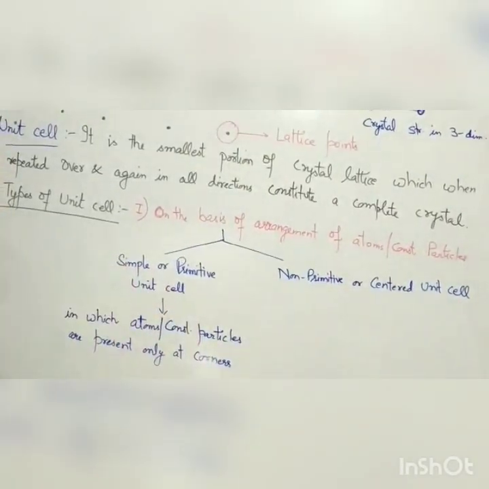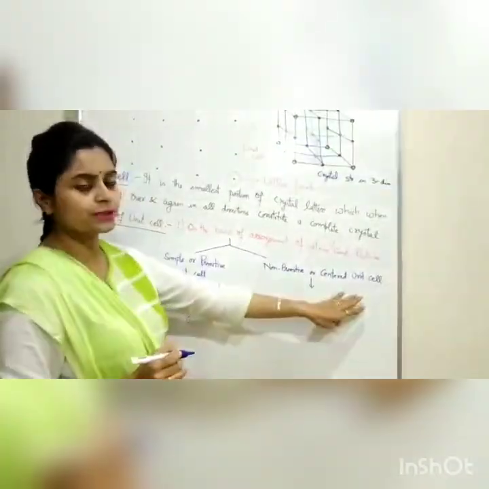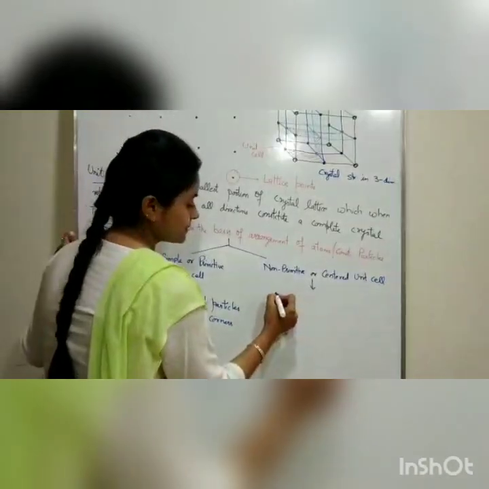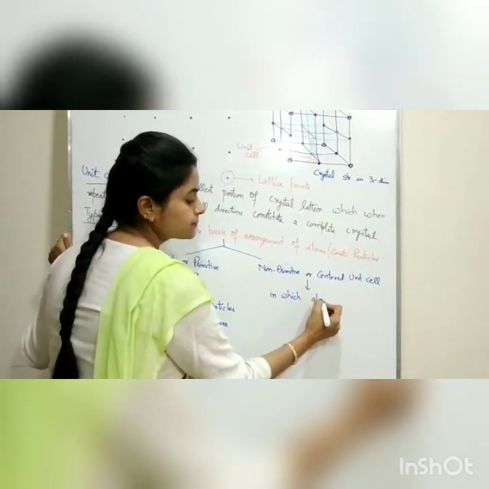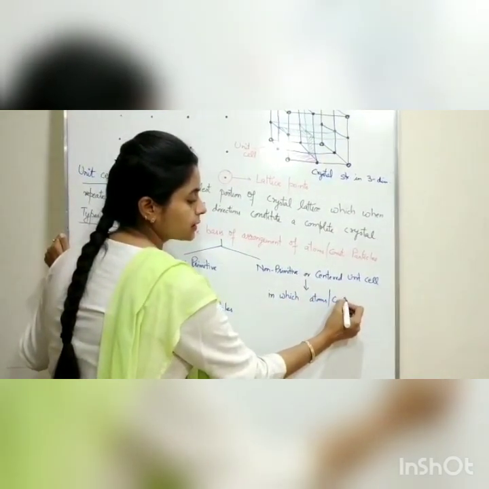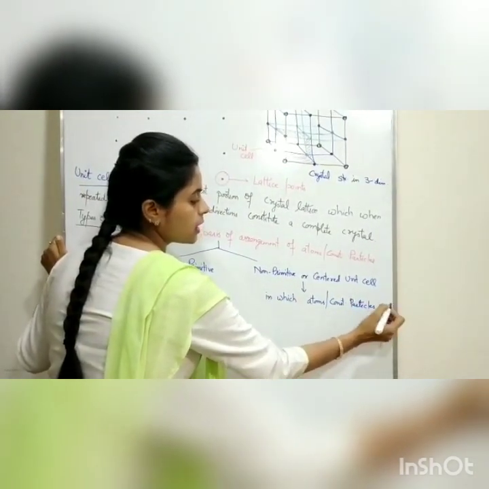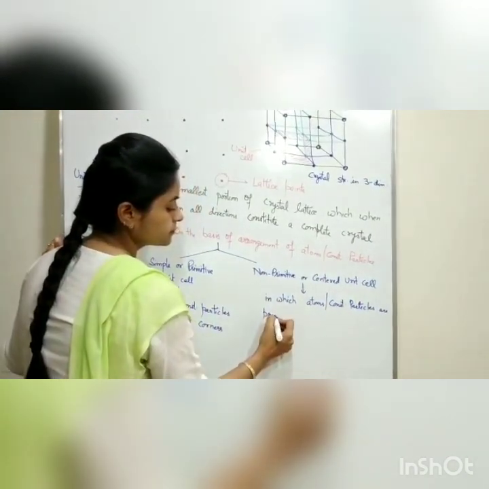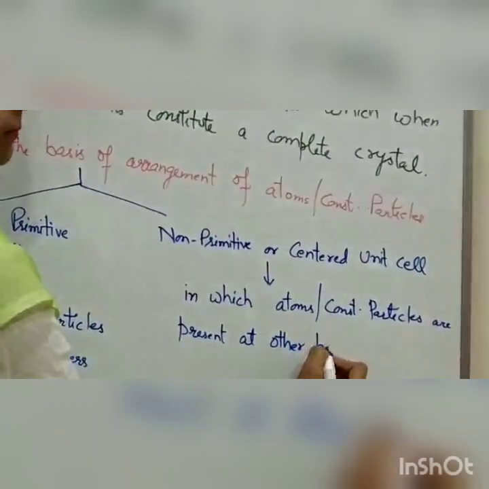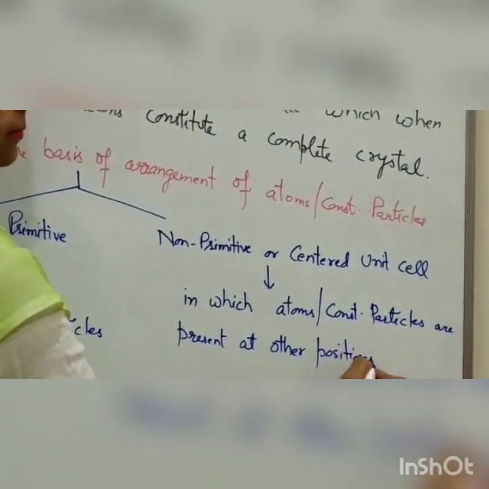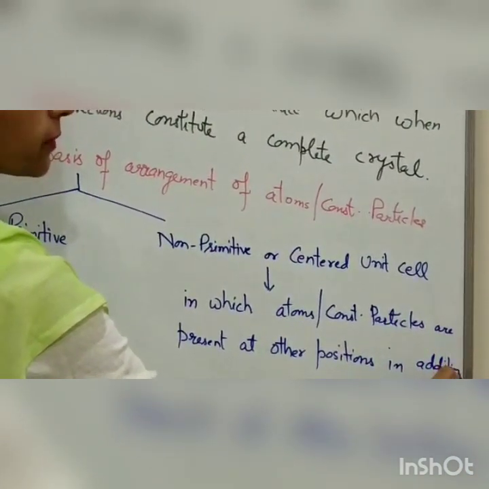Whereas non-primitive or centered unit cells are those unit cells in which atoms or constituent particles are present at other positions in addition to corners.